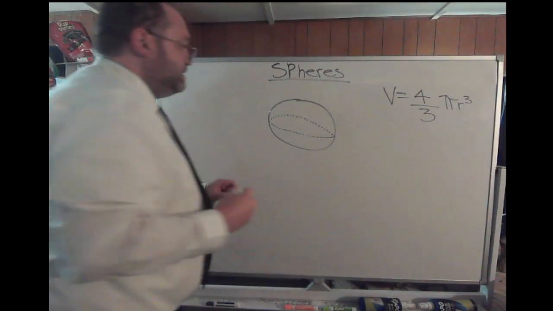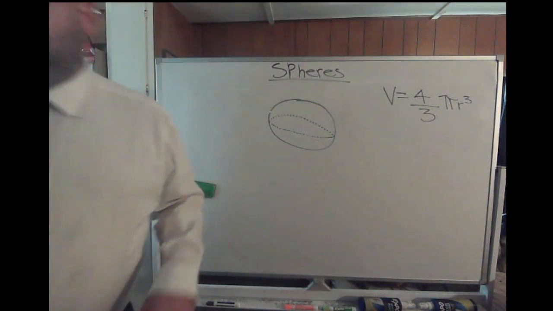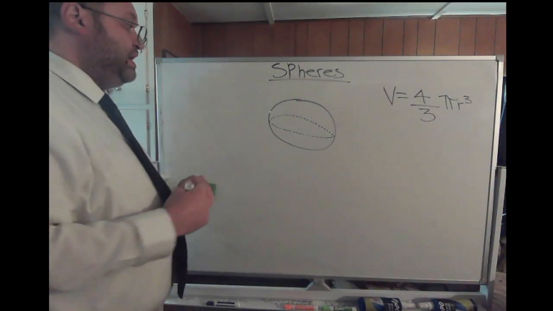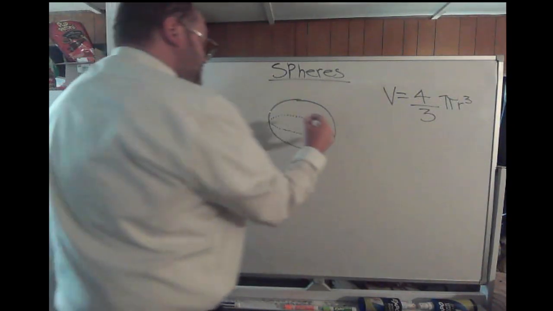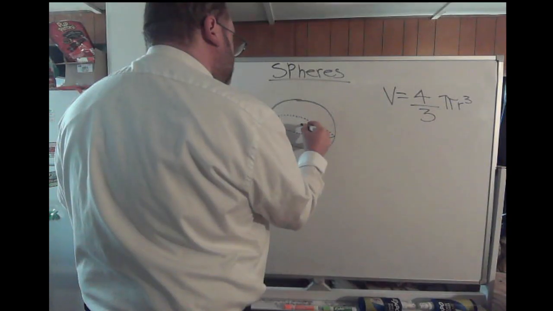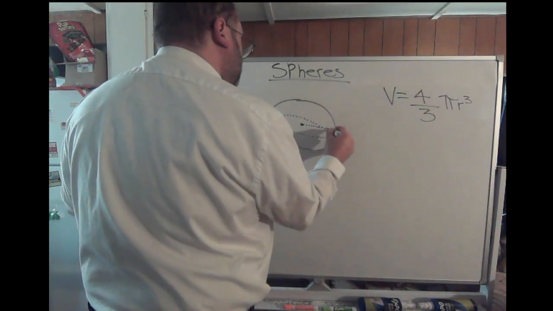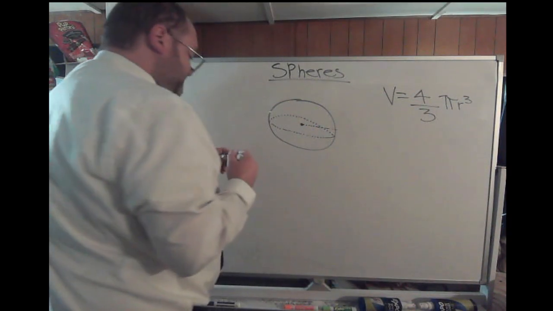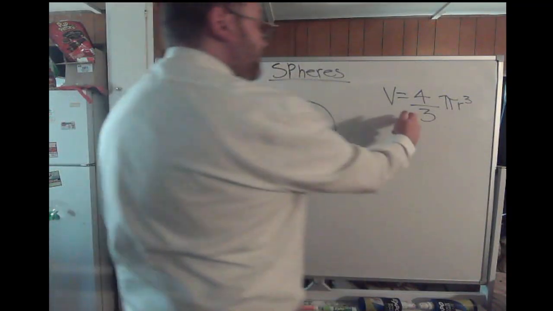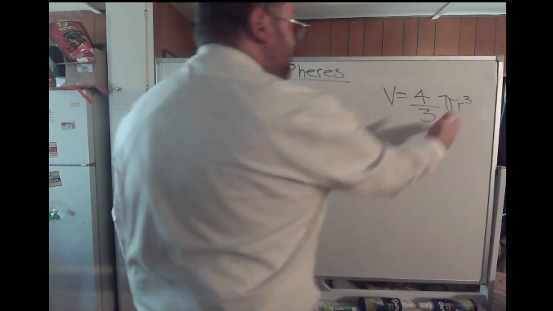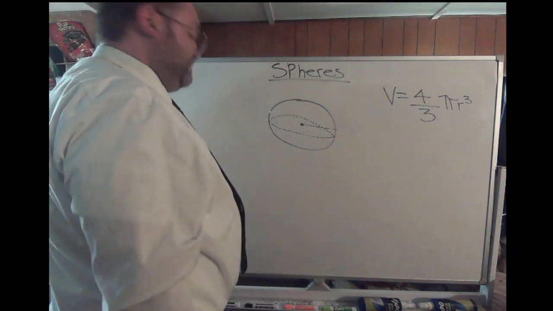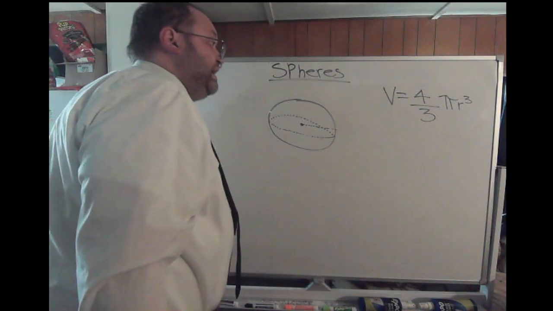Alright, so we got ourselves a nice sphere. So, biggest thing, you got to define your radius. That'll be your radius of the sphere. The volume is 4/3 times pi times the radius cubed. There's really no other way to remember it.